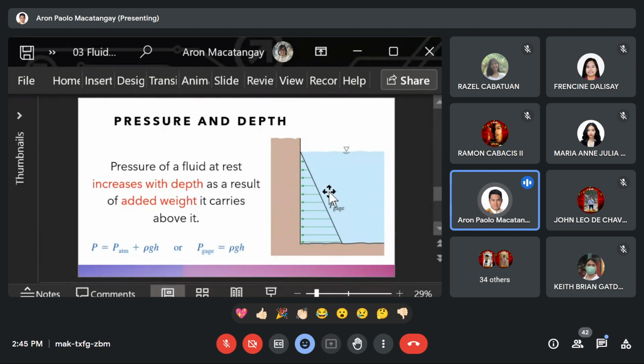However, when your point goes below the water, then aside from experiencing that atmospheric pressure dito sa ibabaw, meron ka na ngayong weight of water above your point na nag-exert ng pressure dun sa point mo. Kumbaga, kung may point ako dito sa ilalim, that point will have to carry the weight of the water dun sa ibabaw niya. Which is why it experiences more pressure.